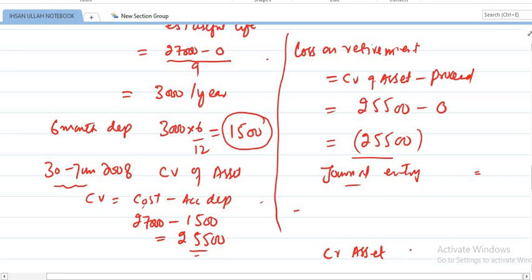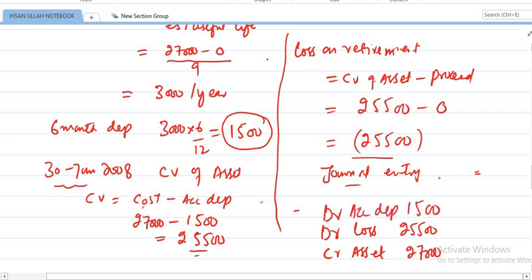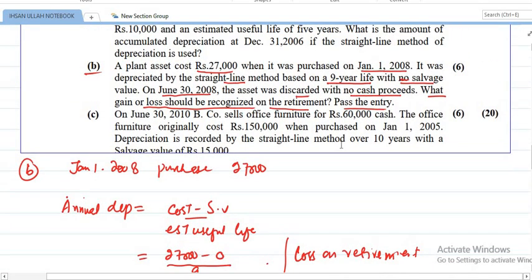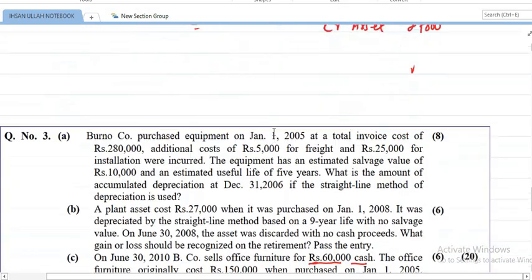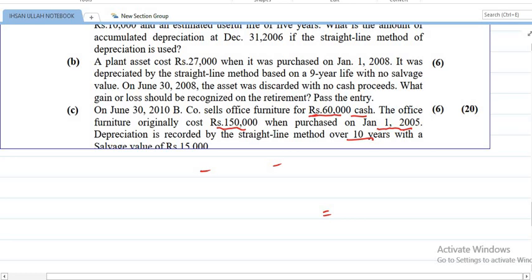The plant's original cost was 27,000, and we debit the loss, because the loss was how much, that is 25,500, and again we have accumulated depreciation, and that was 1,500. So this is the double entry. Okay, this is the question part number 2. Let's move on.